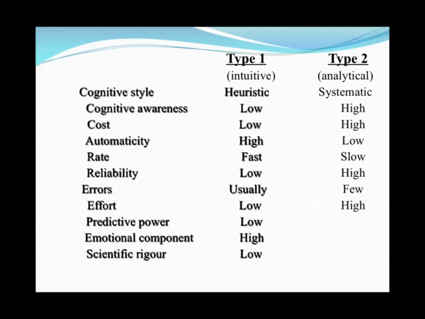It takes a lot more effort, though, to force us to stop and think about why we're thinking, but because of that, it has a higher predictive power, and we're able to remove some of our emotions out of the decision-making process. And it has obviously a higher scientific rigor because it's going to be a lot more based on science and evidence, which is going to really help in the final decision.